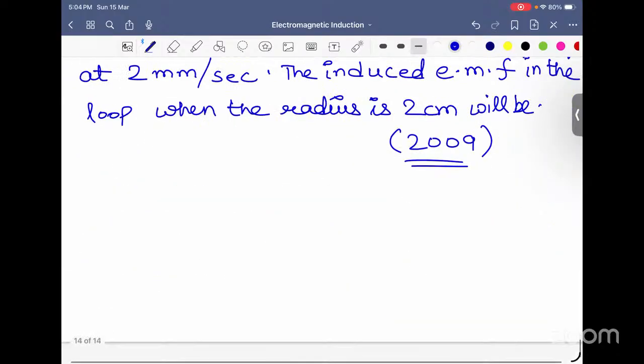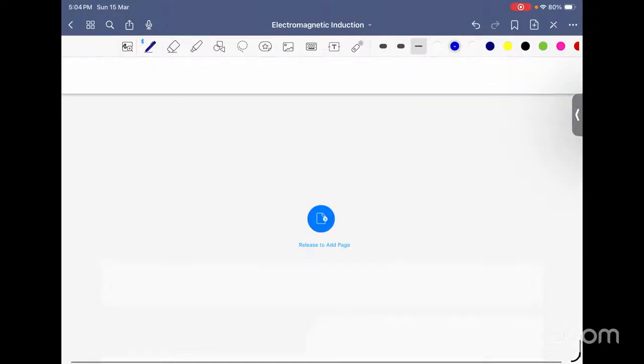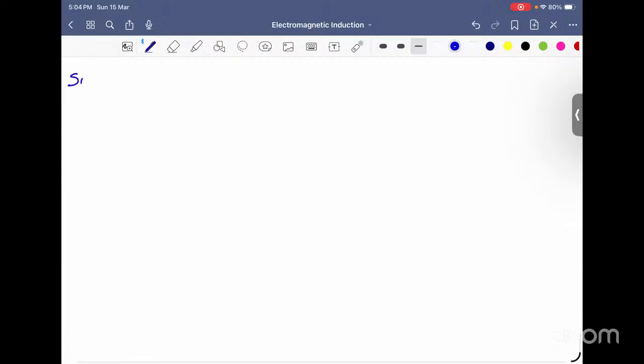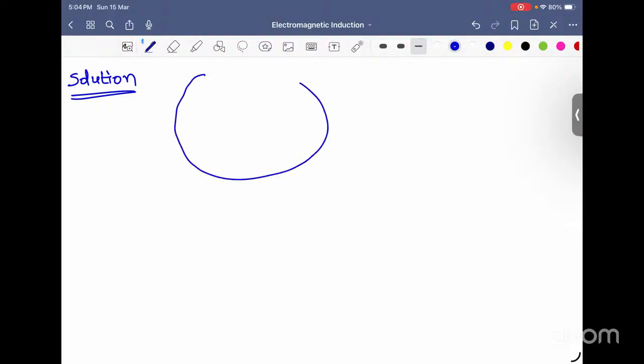Okay, let's understand this question. Solution. We are given a conducting circular loop placed in a uniform magnetic field.